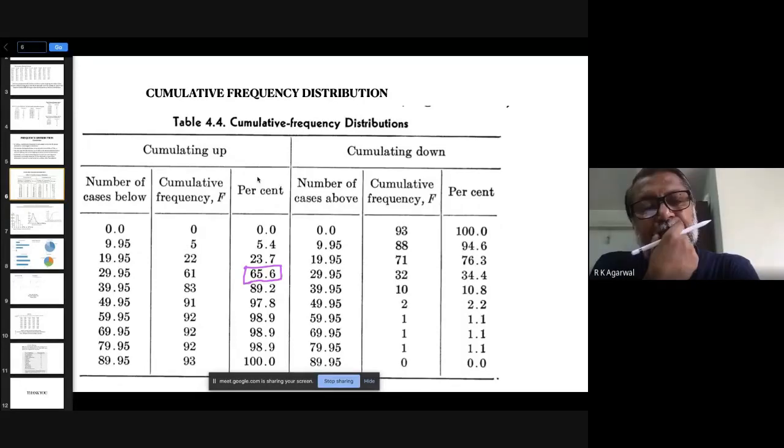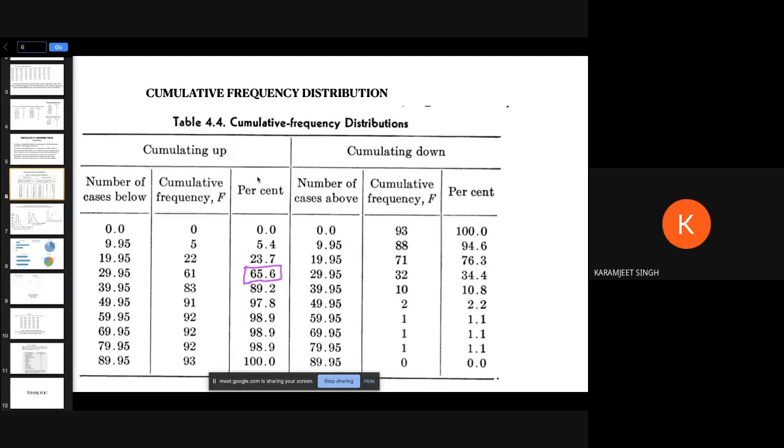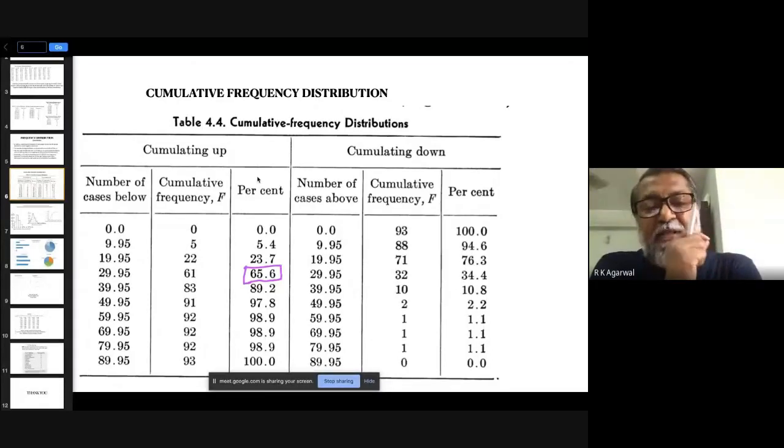So below 30, 65.6% of people are less than 30. Exactly, that's the correct answer. 65.6% students have marks below 30.